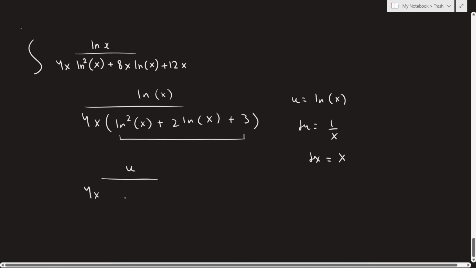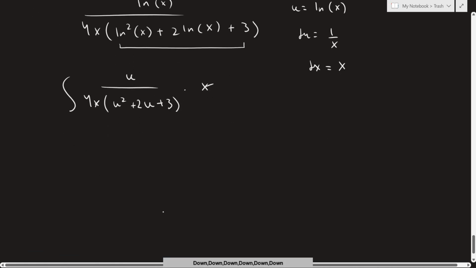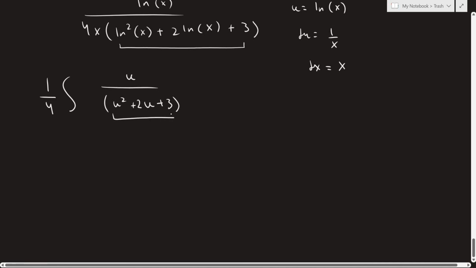So 4x times (u squared plus 2u plus 3) times x. We can cancel this x with this x here, and we're going to have 1 over 4 outside. Since x is cancelled, take 1 over 4 outside. Okay, great. Now let's factor this.